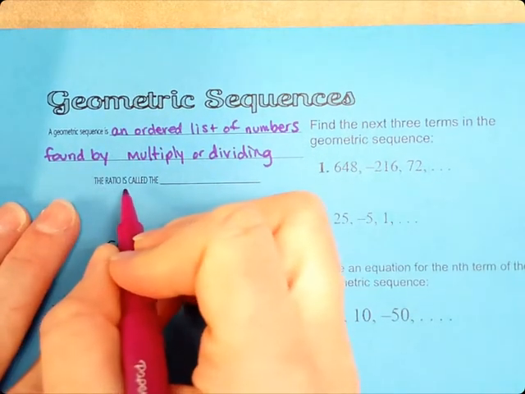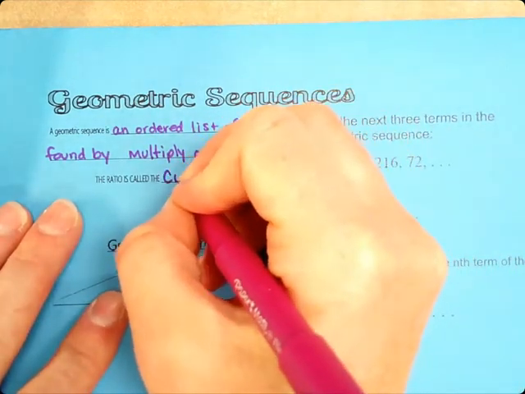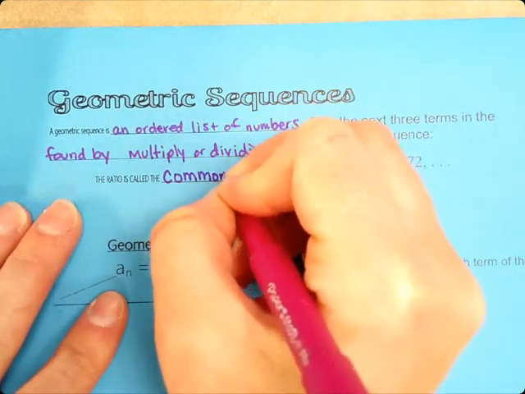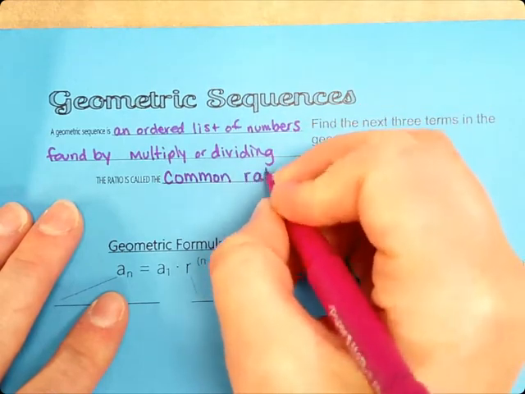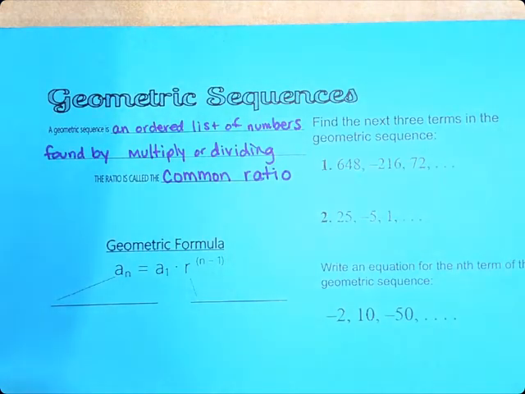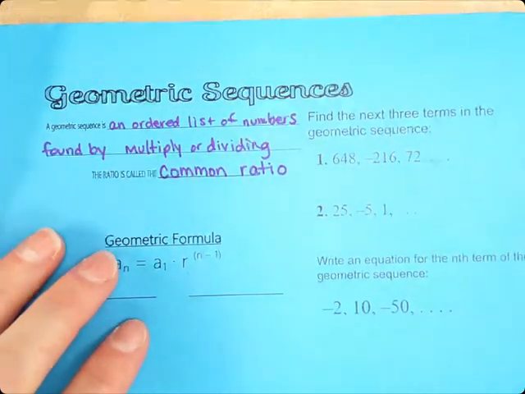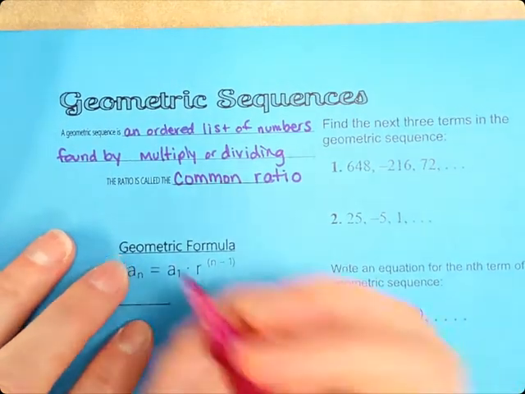We are going to find this by using a ratio. The ratio is called the common ratio, like common difference, but this is going to be the common ratio. And you can find this term.